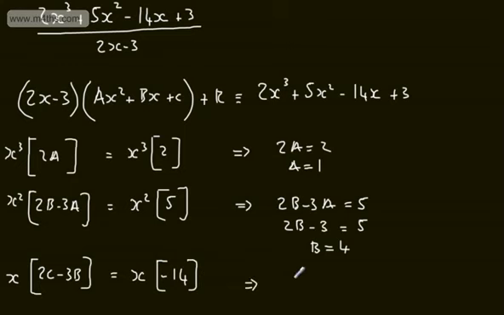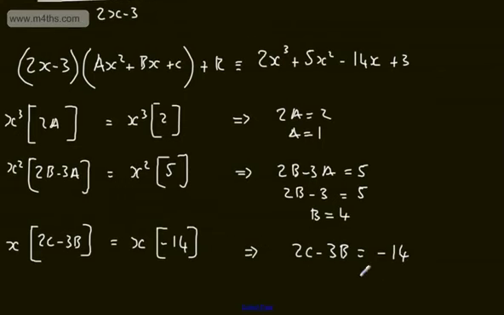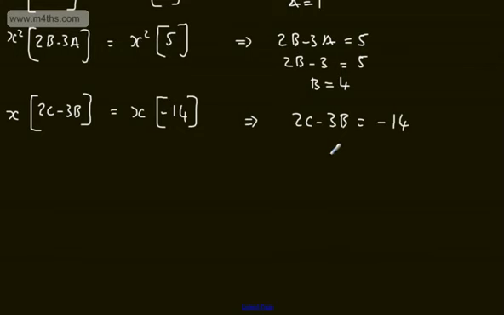We could say that 2c minus 3b will be equal to minus 14. Now, we already know on here that b is going to be 4. So we could say 2c minus 12 is equal now to minus 14. 2c is equal to minus 2, so c is going to be equal to minus 1. So we've got c, we've got b, and we've got a.